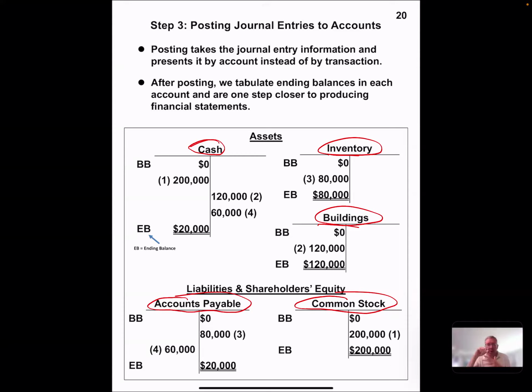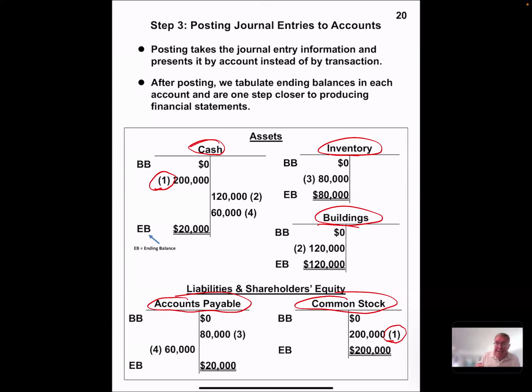We'd write some brief description like owner invested cash in business, and then record it in one of 2 columns on that page, either a debit column or a credit column. So you may recall that first transaction, that's what this number 1 means. Our first journal entry was where the owner, Bill Jackson, contributed $200,000 of cash to the business in exchange for common stock. So we would go to this cash page, this cash account.